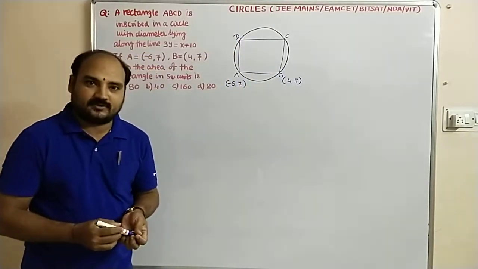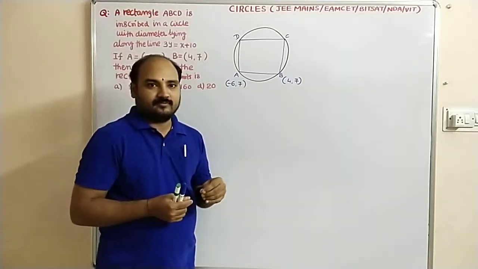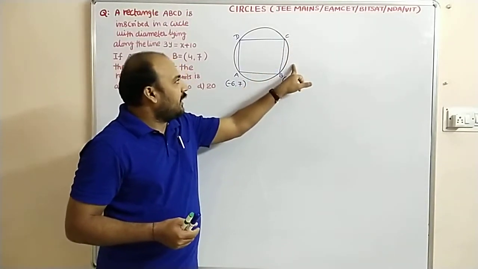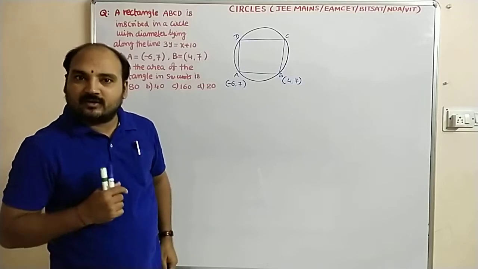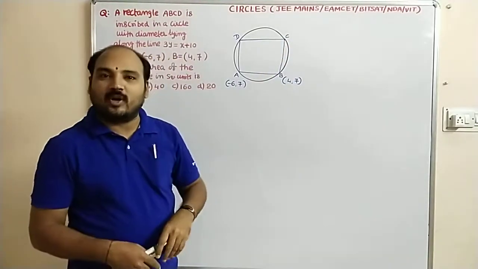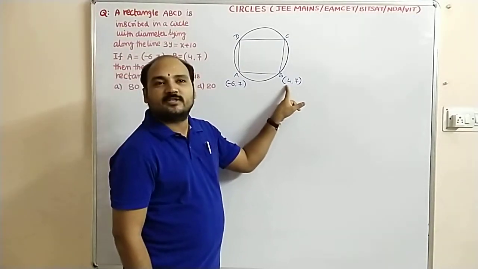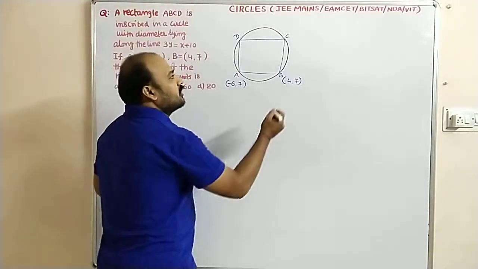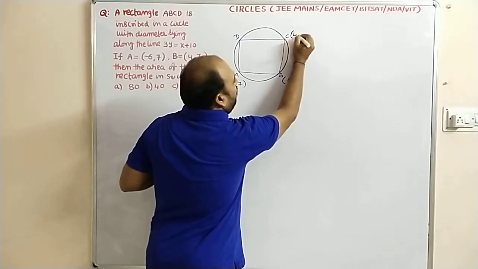We know that for vertical lines, x coordinates are equal. So what is the x coordinate in B? It is 4.